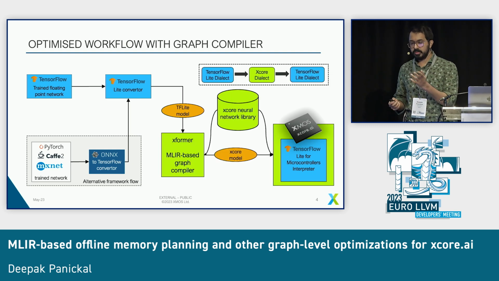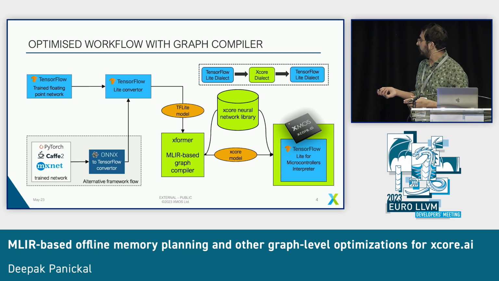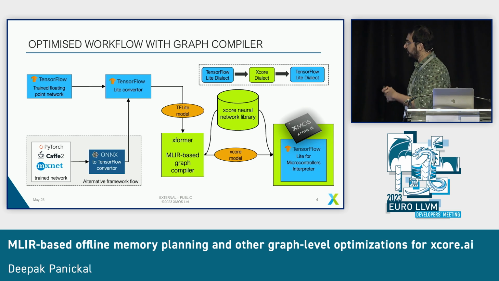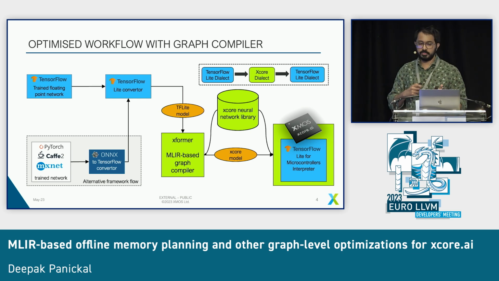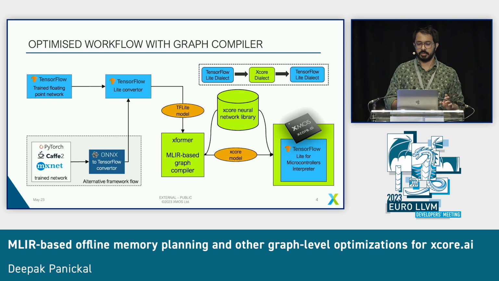Now, let me add in the graph compiler to this, right? So at this point, the difference here is that we have a graph compiler that we have developed, which we call Xformer. Now, the difference is that the tflite model is now consumed by the graph compiler, and it outputs an xcore model, which is just a model which has xcore optimized operations in it.